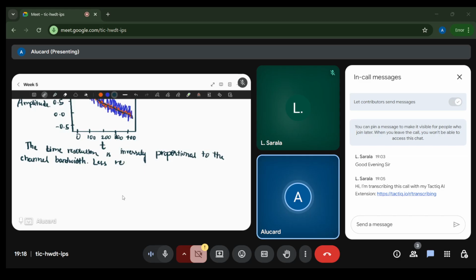Less resolution means a smoother impulse response.